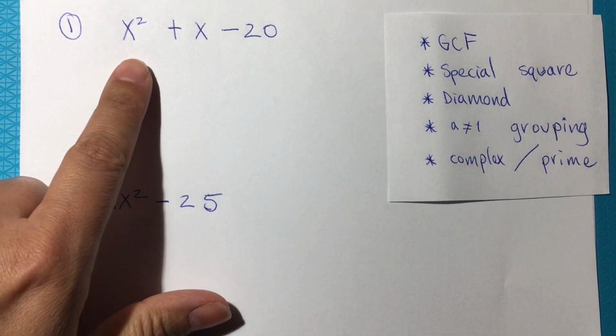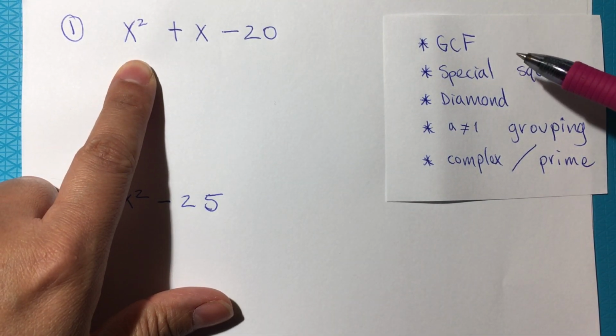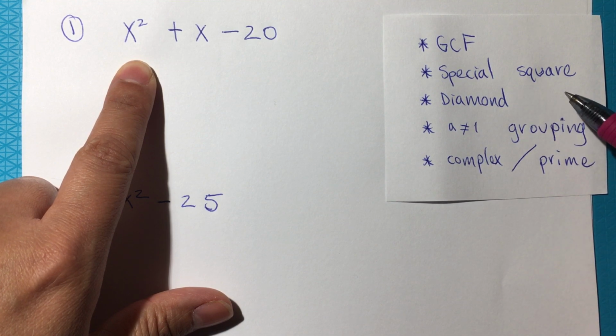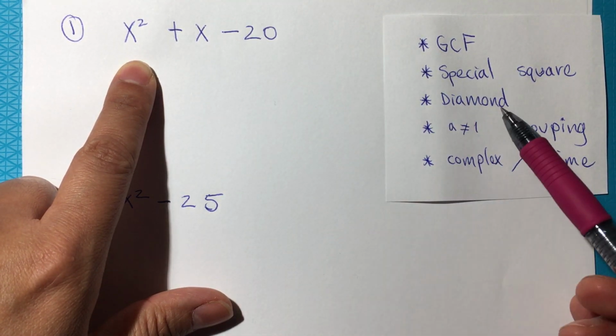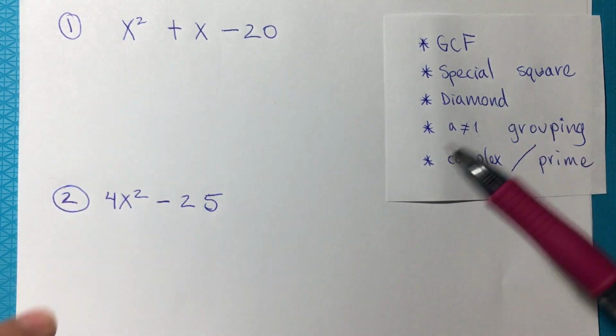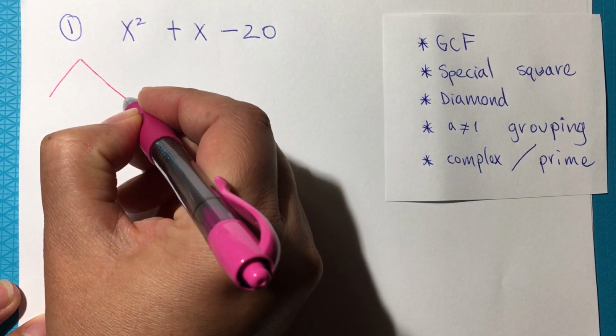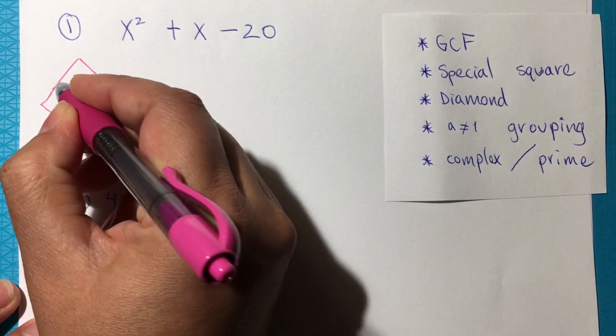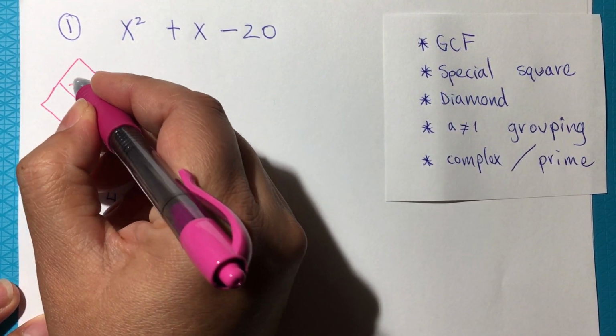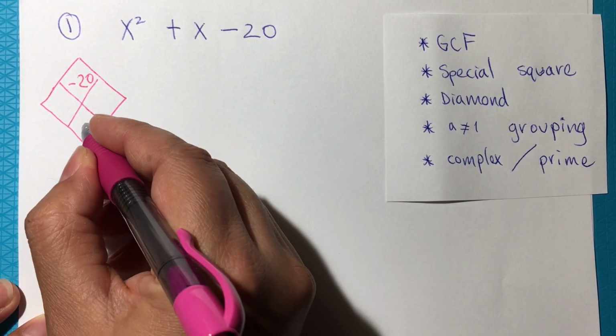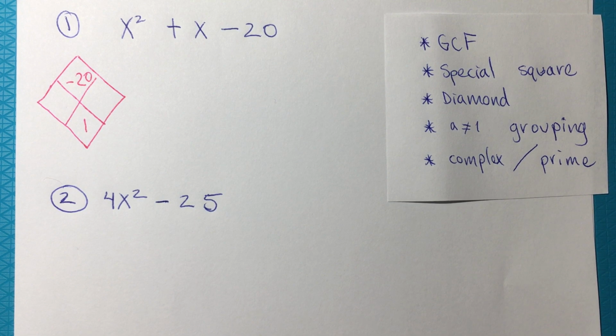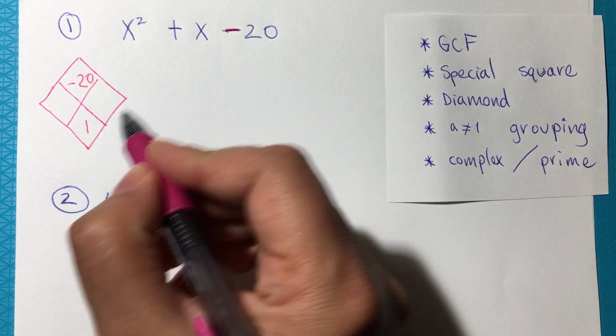And so for number 1, no, it's not the greatest common factor. It's not a special square because this is not a perfect square. And I want to try the diamond. So negative 20 over here, 1 is over here. And two numbers that multiply to equal negative 20, but added or subtracted actually is 1.